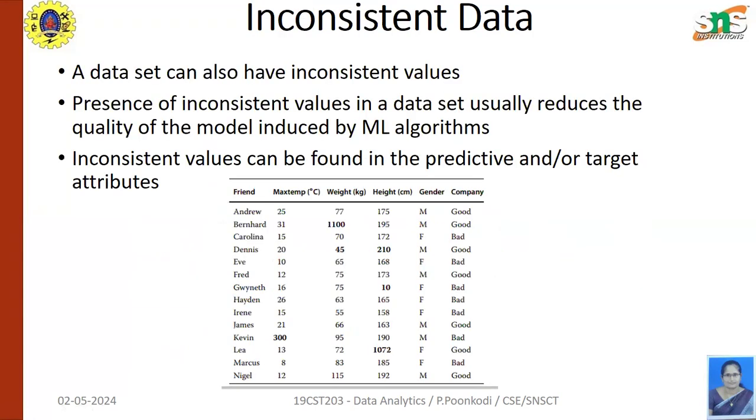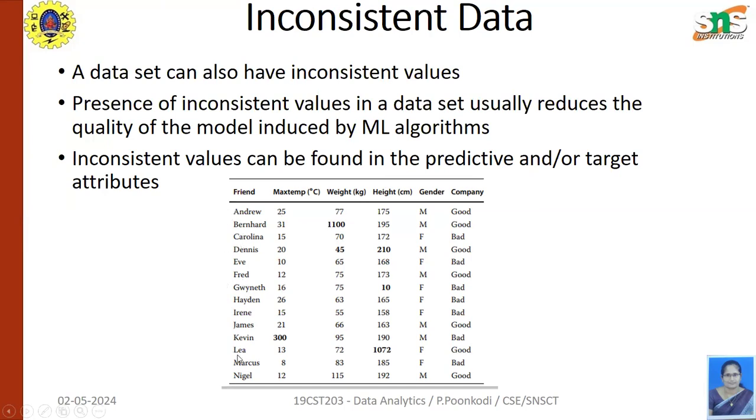Then the inconsistent data. A data set can also contain inconsistent values. The presence of inconsistent values in the data set basically reduces the quality of the model. This will be found in the predictive attributes. Here you can see this table.